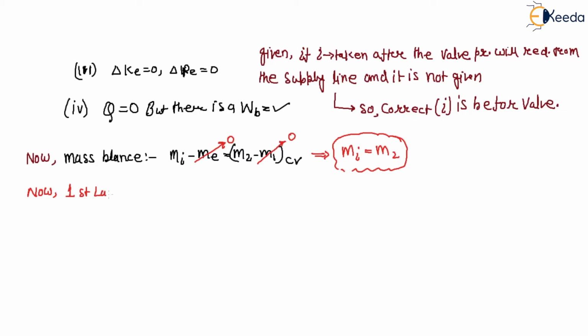first law for uniform state, uniform flow, not steady. What is that?